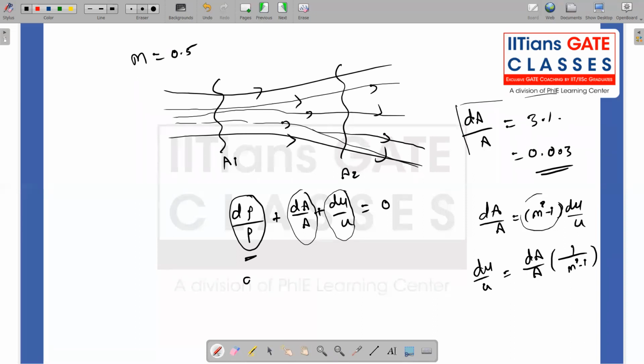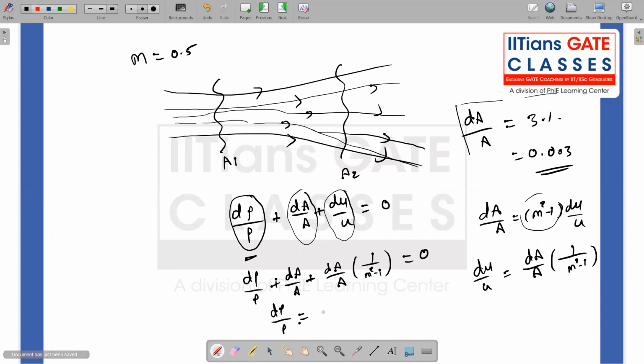So this becomes d rho by rho plus dA by A plus dA by A times 1 by M square minus 1 equal to 0. If I shift everything to the other side, because d rho by rho is what I am interested in, this becomes minus dA by A, taking it common, times 1 plus 1 divided by M square minus 1. So what is this one?